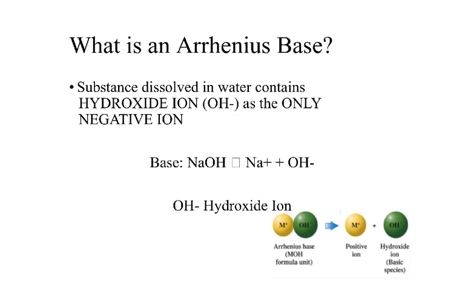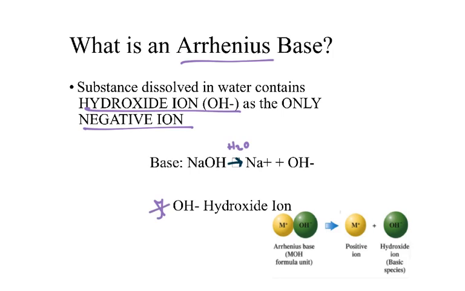So like we had Arrhenius acids, we have Arrhenius bases. So this is a substance that's dissolved in water, and its only negative ion is the hydroxide ion, or OH minus. My arrows didn't carry over, but that's okay. We'll draw them in. So if you see in the example below, we have sodium hydroxide. Remember, we're going to put the water right here just to say it's being dissolved in. It breaks down into sodium ion and the hydroxide ion.